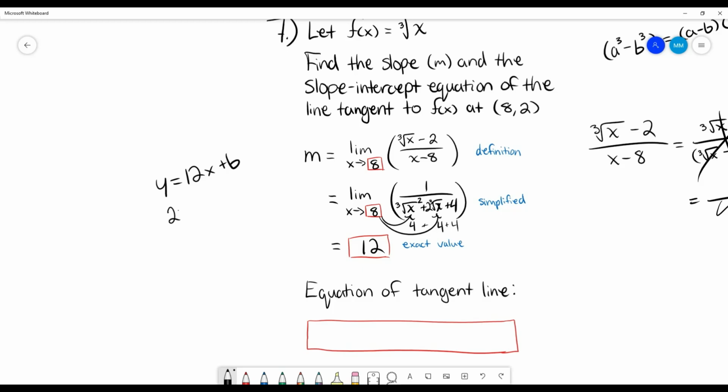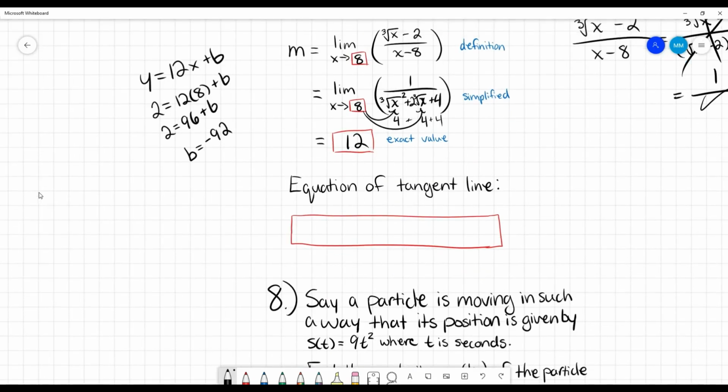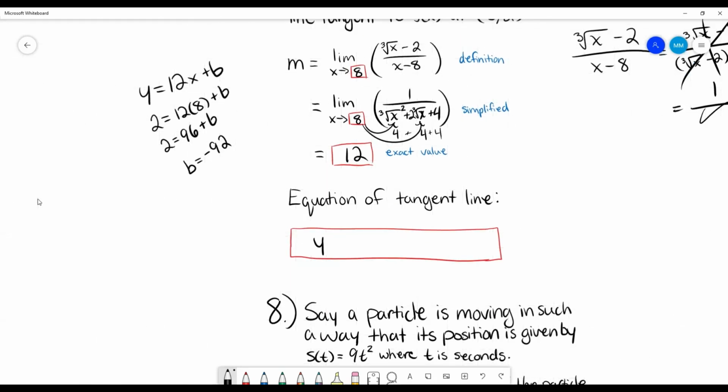We know that 2 equals 12 times 8 plus b, and that's going to be 2 equals, I believe that should be 96 plus b. So b equals negative 92, which means that our equation is going to be y equals 12x minus 92.